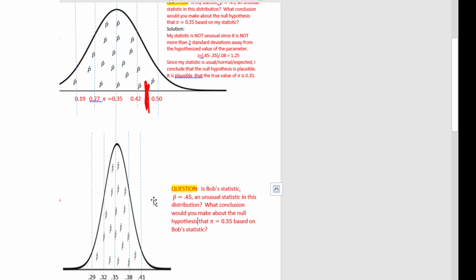So it made all of this happen on a narrower range of values. Now, 2 standard deviations below is down to 0.29, and 2 standard deviations above is up to 0.41. Whereas up here with a sample size of 40, we went all the way down to 0.19 and all the way up to 0.5 to get that normal, usual, expected range of values, 2 standard deviations.